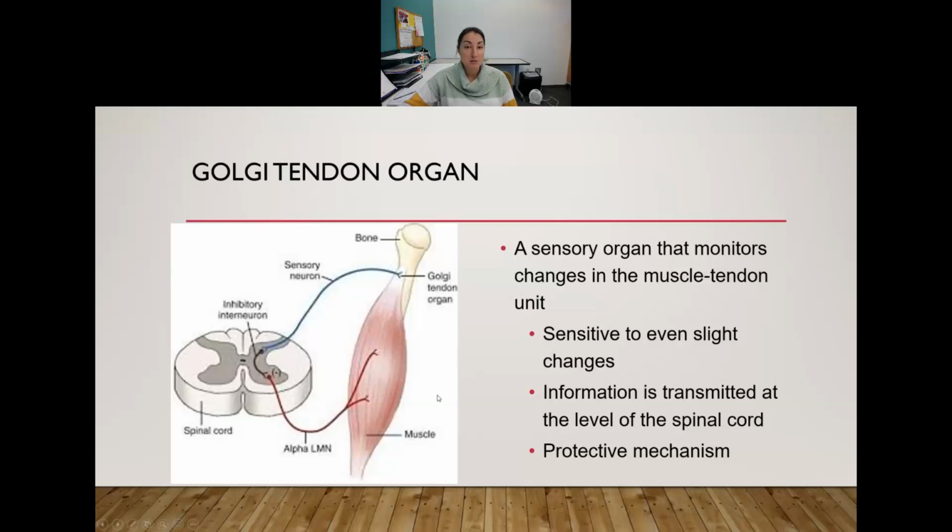It's transmitted at the level of the spinal cord, and it's there for a protective mechanism. If you do a really quick movement that your body is going to interpret as dangerous, then you will have a reflexive movement back in the opposite direction. So if I quickly jerk my arm out and my body wasn't expecting it, now sometimes your brain can override some of this, but if I quickly do that, then the Golgi tendon organs will send a signal to the spinal cord to tighten back up.